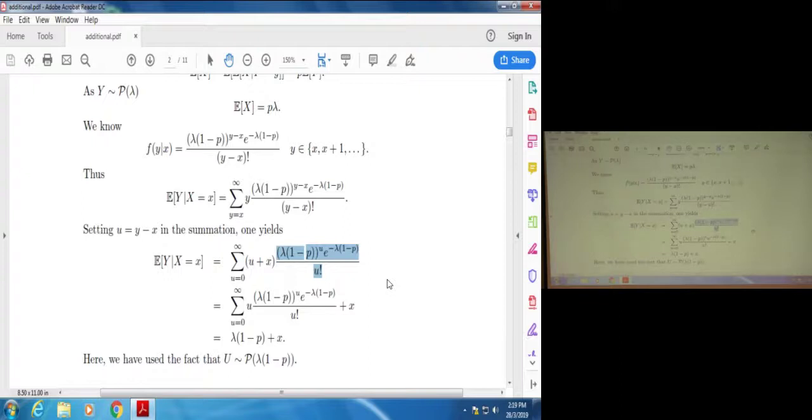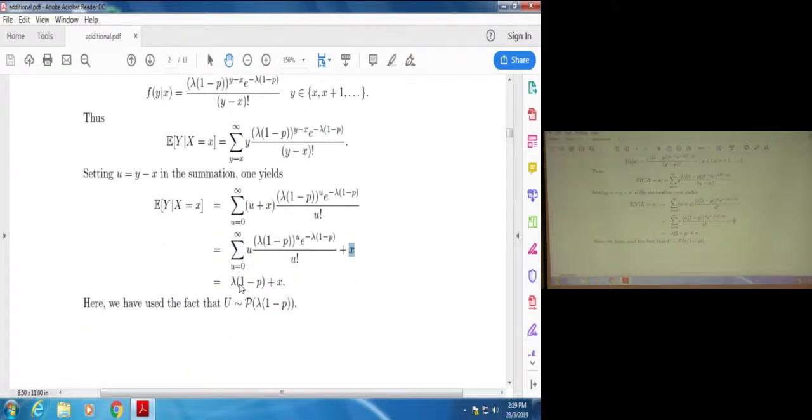So what does that mean? In this equation, x is a constant, so the expectation of a constant is a constant. The expectation of u plus x is the expectation of u plus the expectation of the constant x, which is x. That's where you get the x from. And now this is just the expectation of a Poisson random variable with parameter lambda times 1 minus p, which we have already worked out is lambda times 1 minus p.